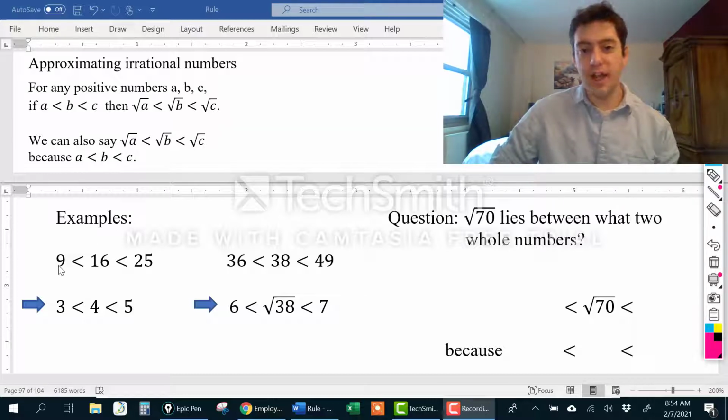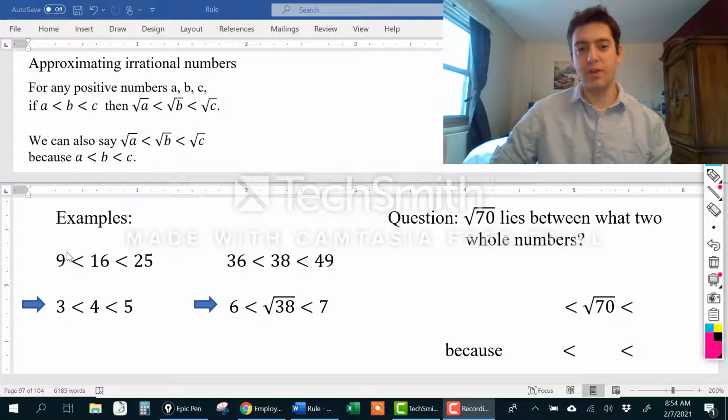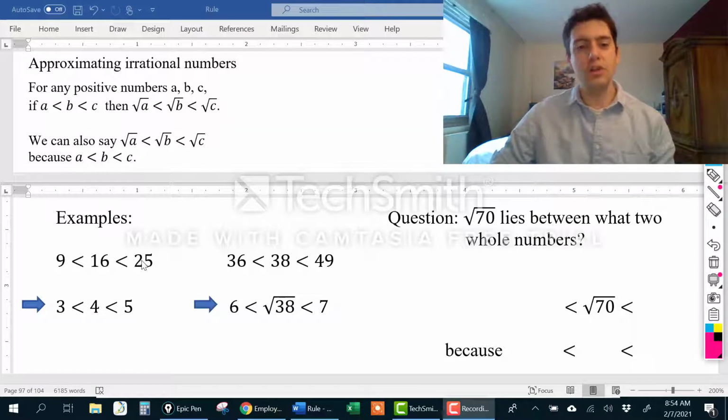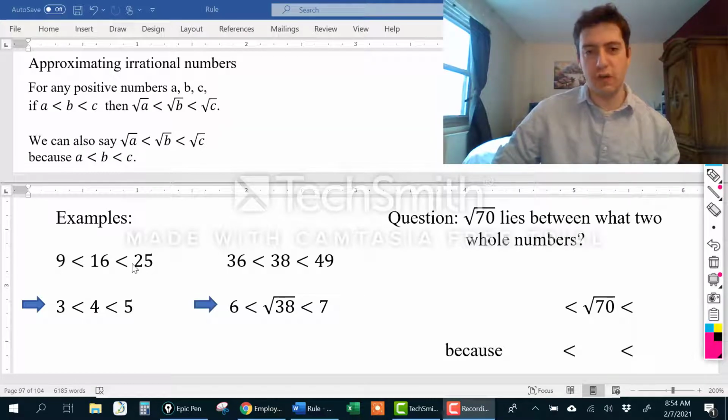We know that 9 is less than 16, which is less than 25. So let's say that our three numbers a, b, and c are 9, 16, and 25. Well, if we know that this is true, then we also know that the square roots of these numbers follow this pattern.